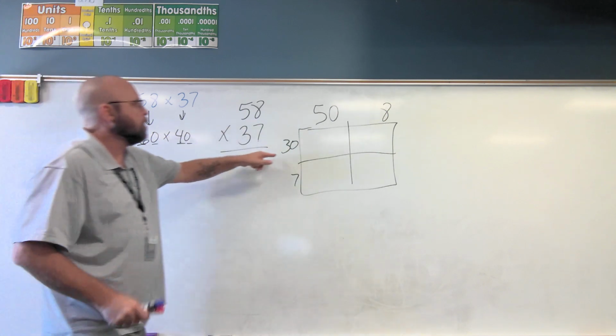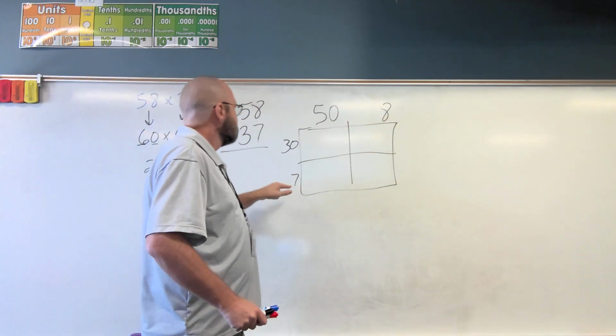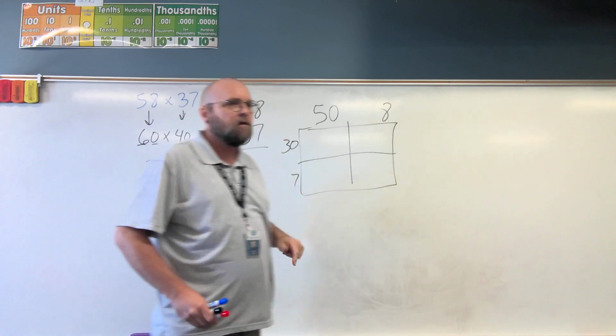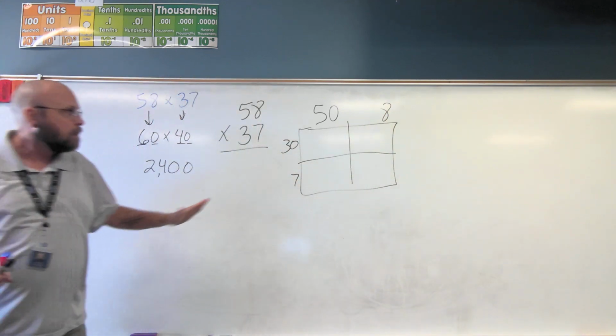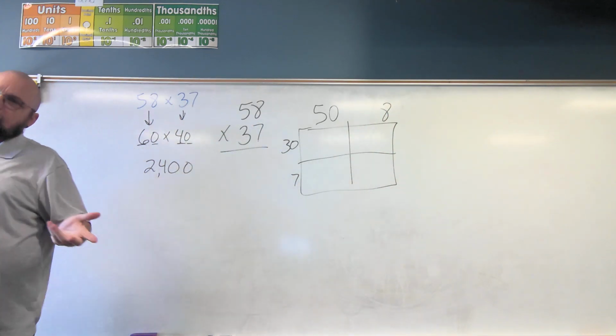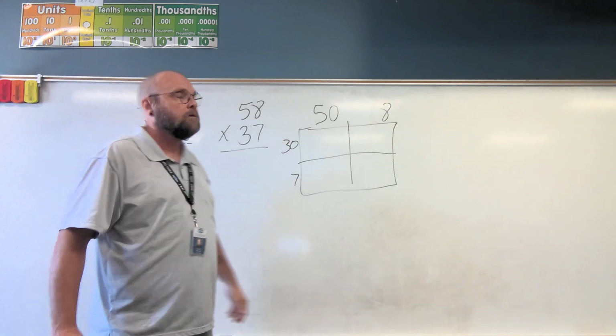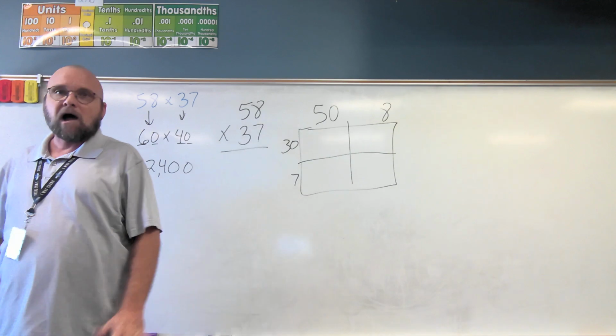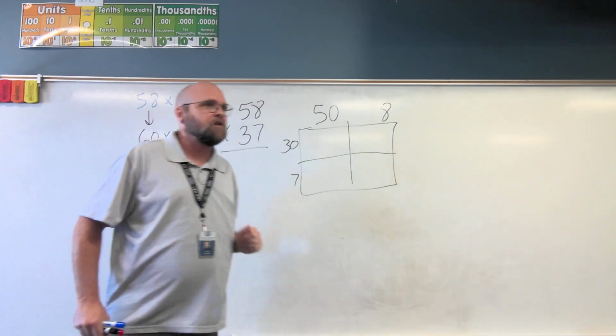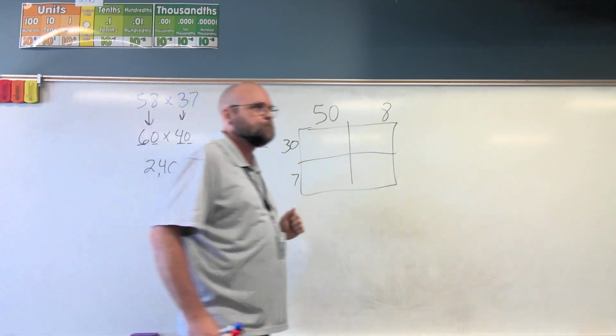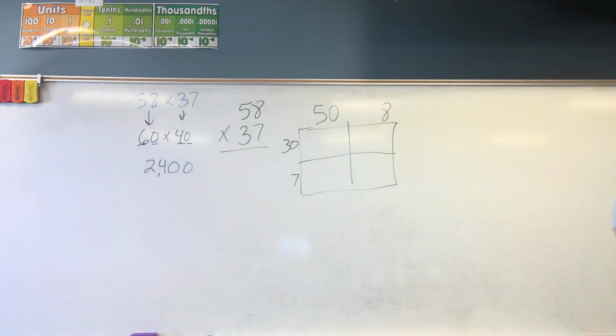I'm still going to multiply 3 times 5 and 3 times 8, 7 times 5 and 7 times 8. So the hardest problem you have to do is 7 times 8. My guess is that'd be harder than 7 times 5 or 3 times 5 or 3 times 8. But you all have access to a multiplication chart if you need it.